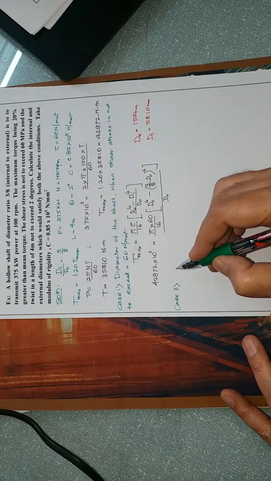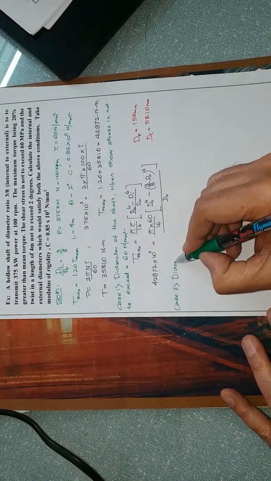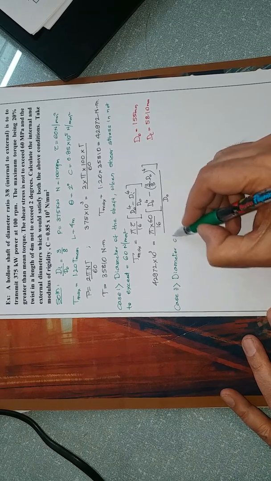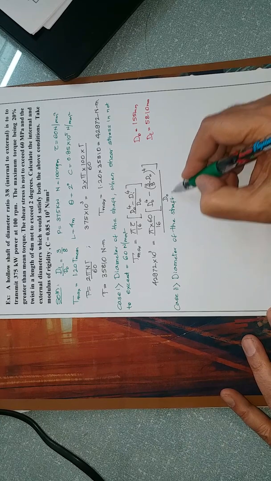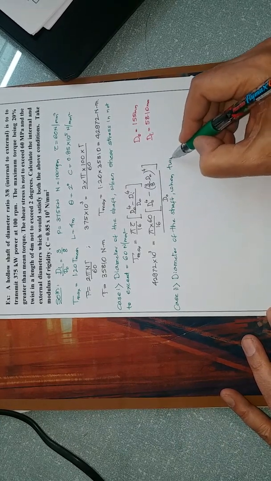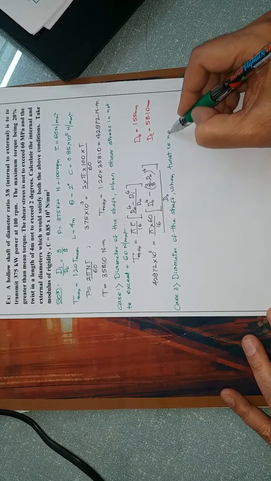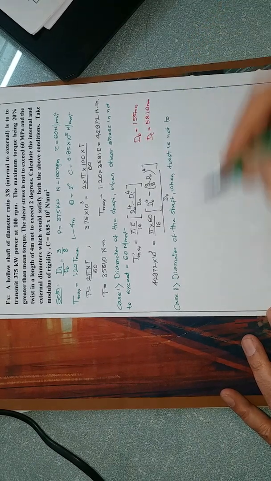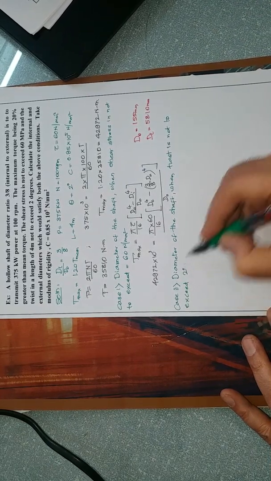Case 2: diameter of the shaft when twist is not to exceed 2 degrees.